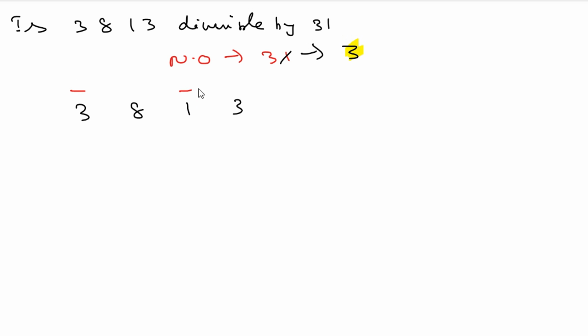Generally this is called a vinculum, and let us consider this a negative value. Okay, 3 minus 1, 8 minus 3. You will convert each and every second digit from your right-hand side to a negative value.